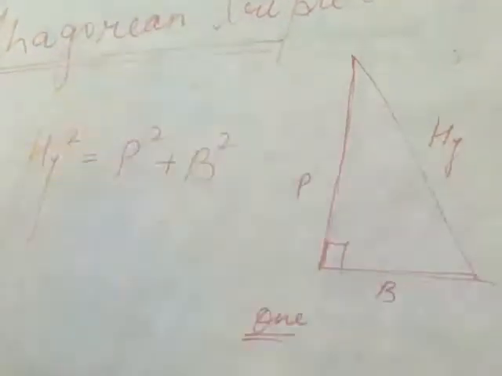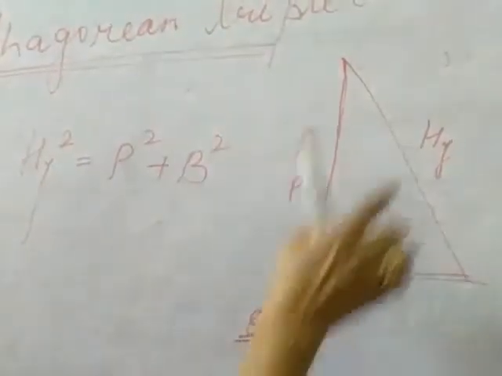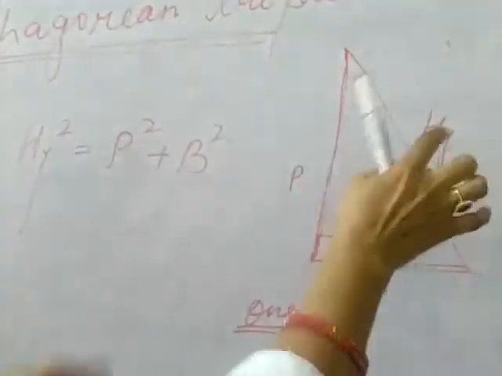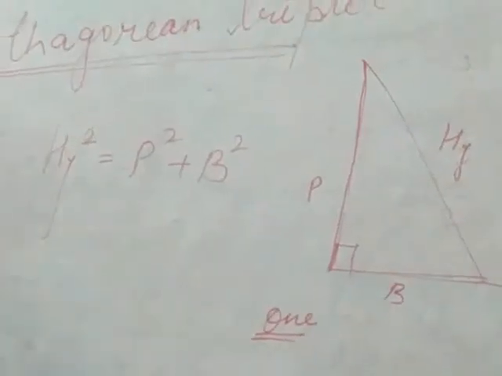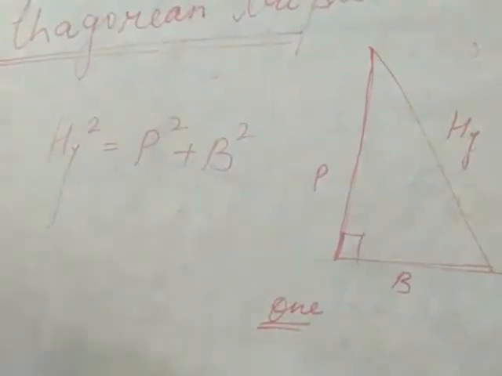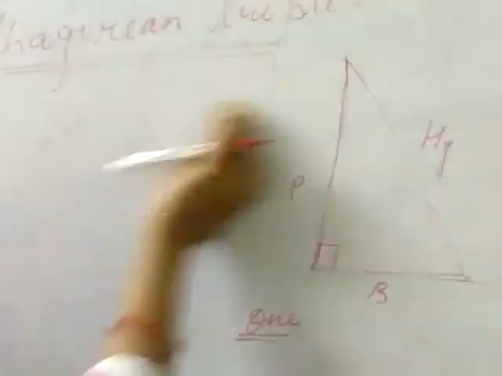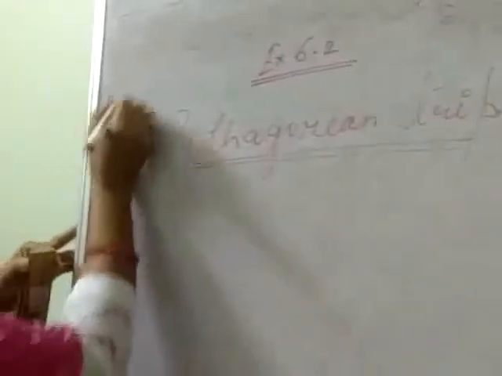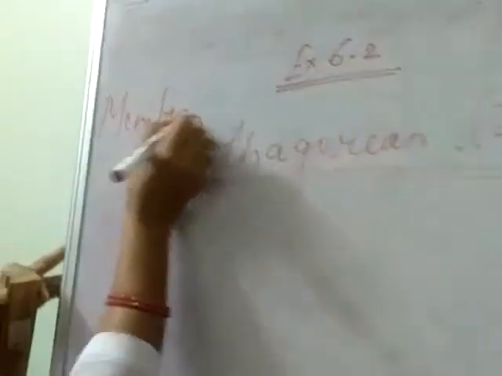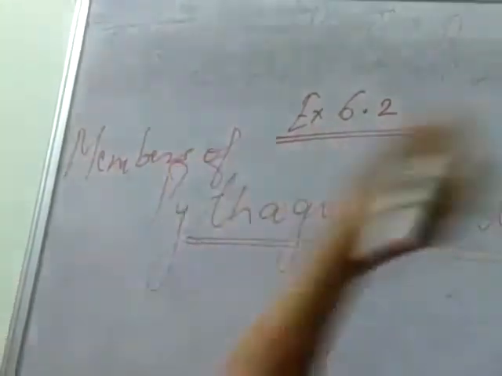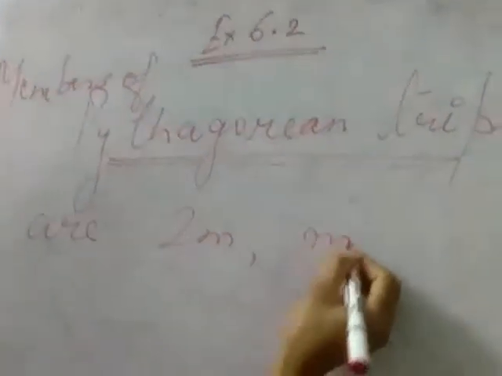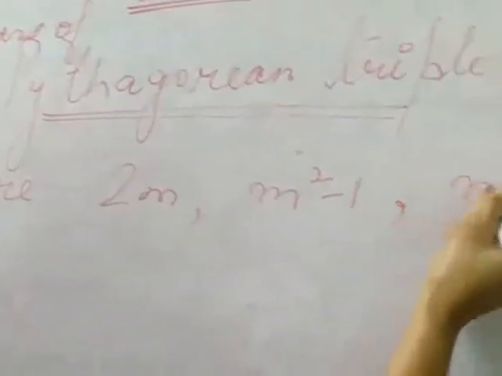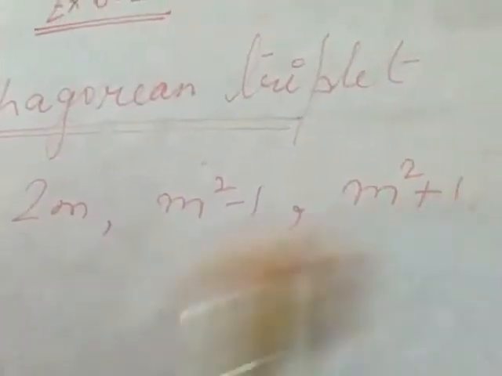Now Pythagorean triplet means these three numbers: perpendicular, base and hypotenuse. The combination of these three, the group of three, is called a Pythagorean triplet. The members of the Pythagorean triplet are 2m, m square minus 1 and m square plus 1.